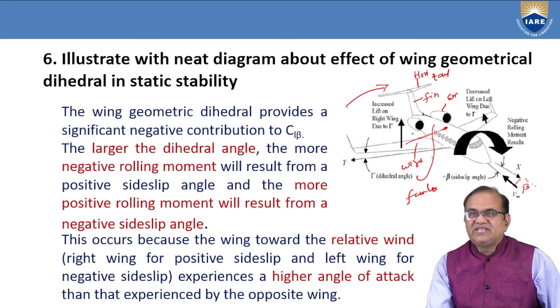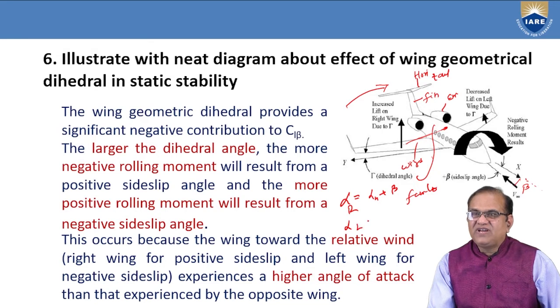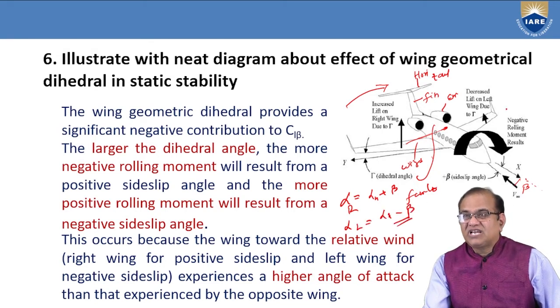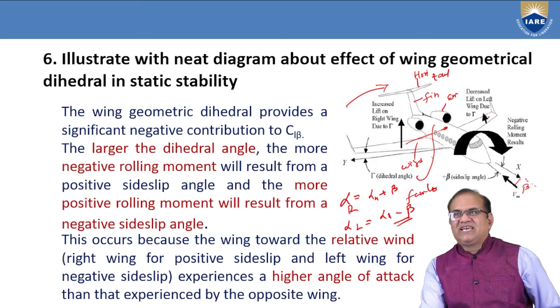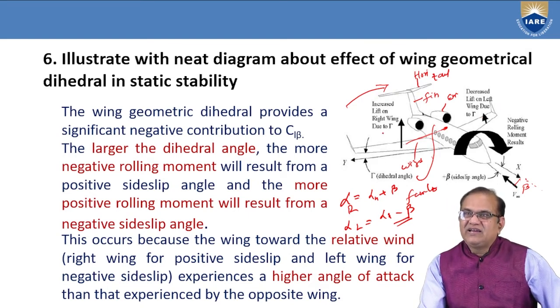So on this right wing, the angle of attack will be more. So alpha will be alpha normal plus beta on the right wing, and alpha normal minus beta on the left wing. So the left wing will experience a lower angle of attack than the right wing.